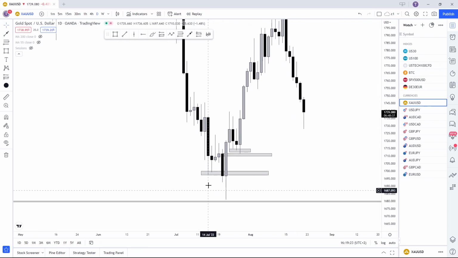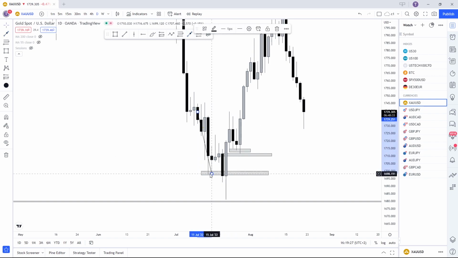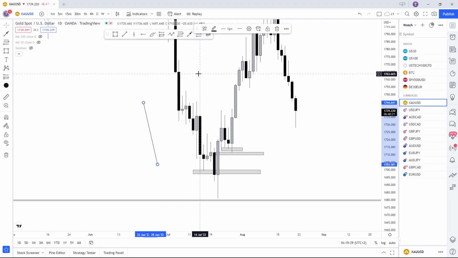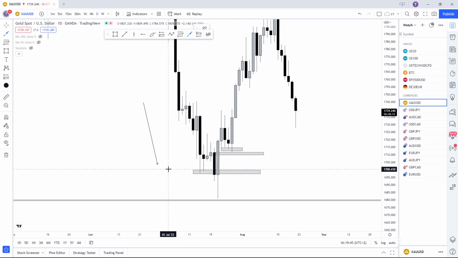as you can see, this is an impulsive move. The market came down here, created this lower low right here. Traded back up from this lower low to that lower high right there.